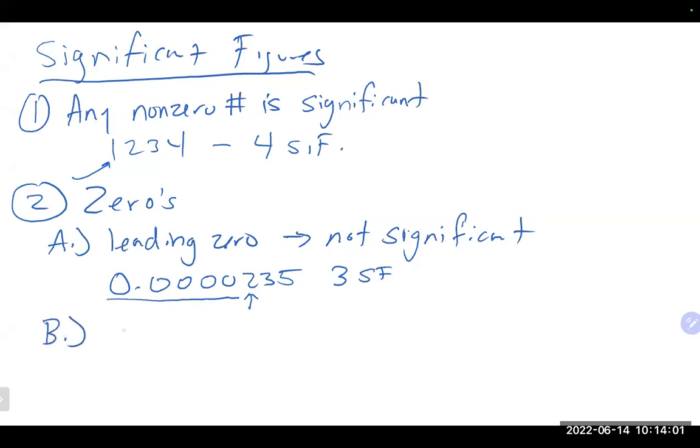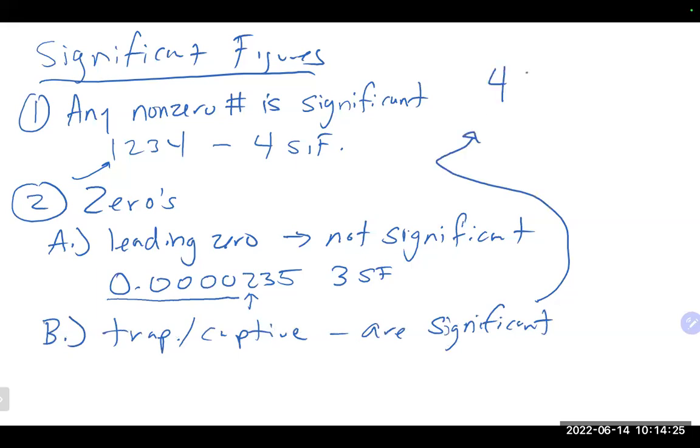The next type of zero are what are sometimes referred to as trapped zeros or captive zeros, and those are significant. I'll go up higher so it'll be easier to see.